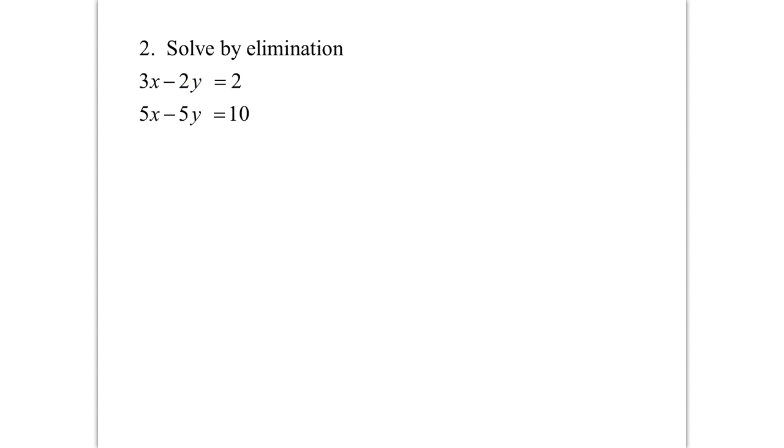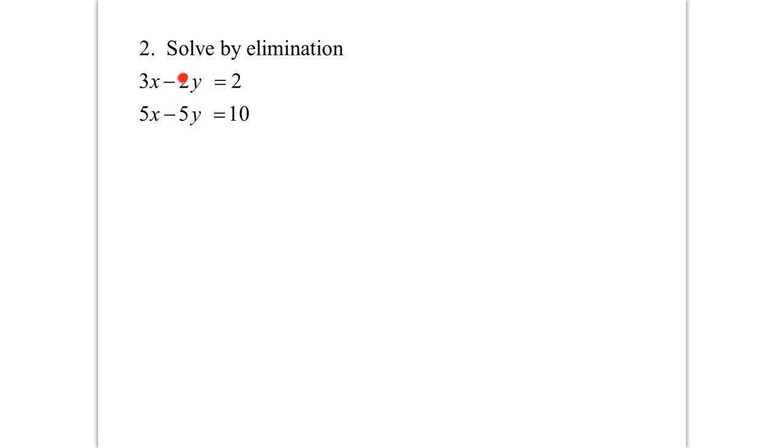So the way I want you to find the same number, to make these two numbers the same, look for a common factor. What I mean is, you want to find a number that 2 goes into, and at the same time 5 goes into.